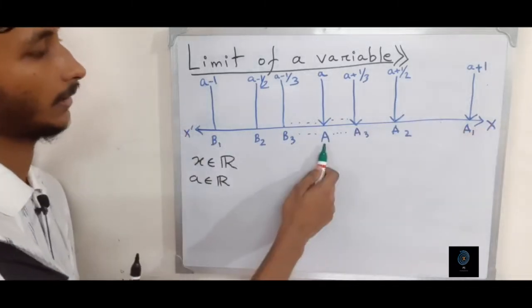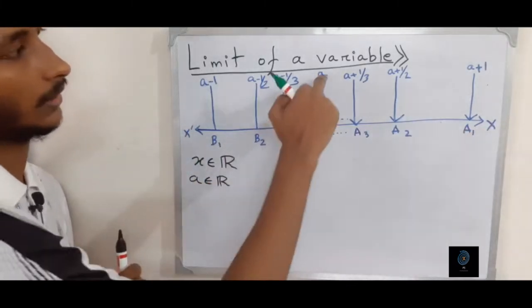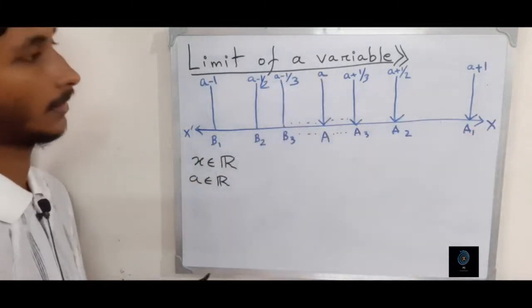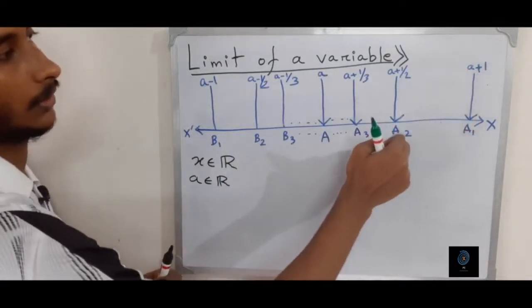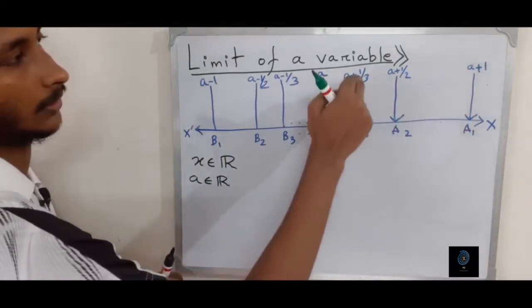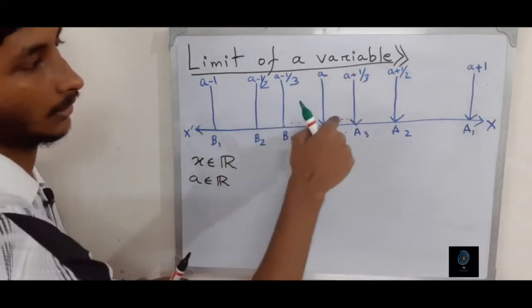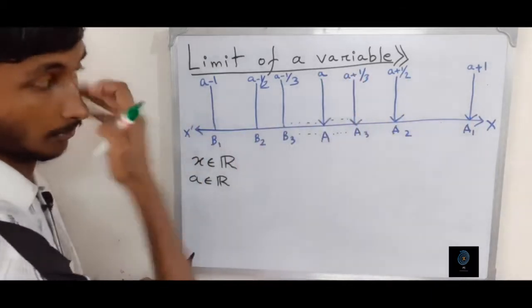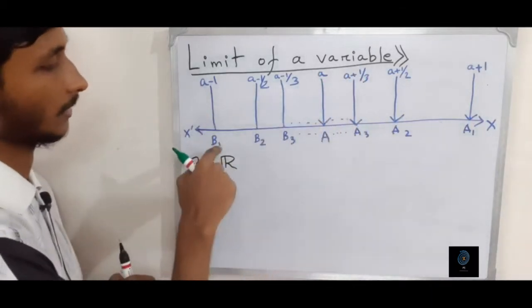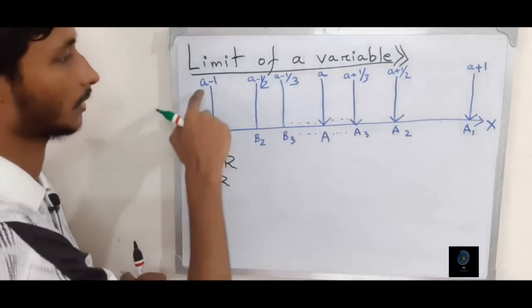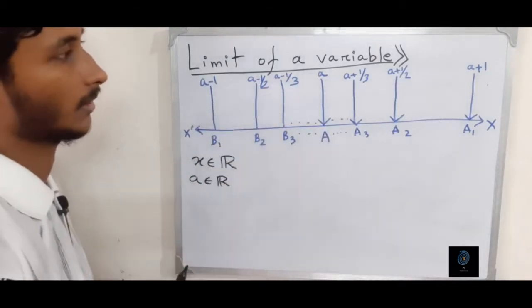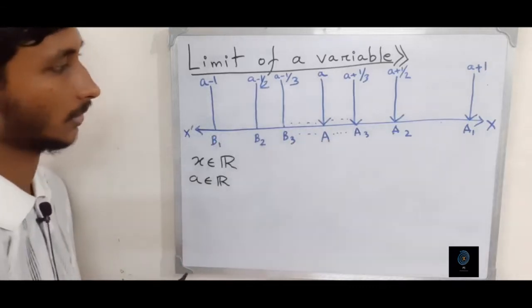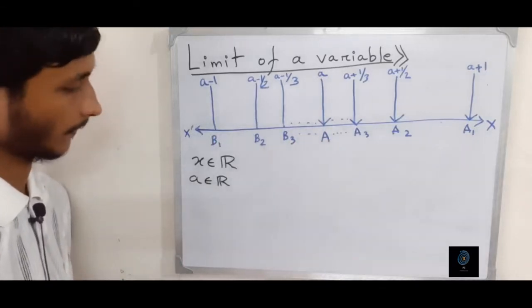Point A denotes this constant a on the real line. The point A1 denotes a plus 1, the point A2 denotes a plus half, the point A3 denotes a plus 1 by 3, and gradually it becomes closer and closer to a. Similarly, the point B1 denotes a minus 1, B2 denotes a minus half, B3 denotes a minus 1 by 3, and it moves closer and closer to a.